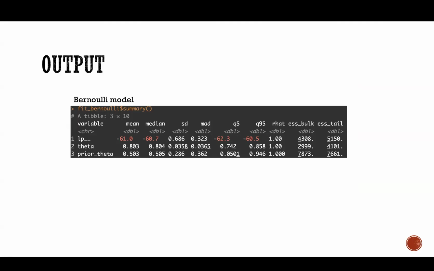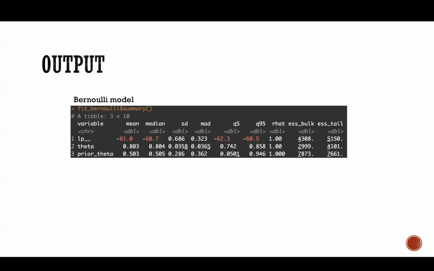Variable, mean, and then we could look at different measures of variance, but let's look at the standard deviation. So we are getting something called LP. It's the log posterior. We're gonna go into the details of that when we do model comparison, so I allow myself to skip it for now.